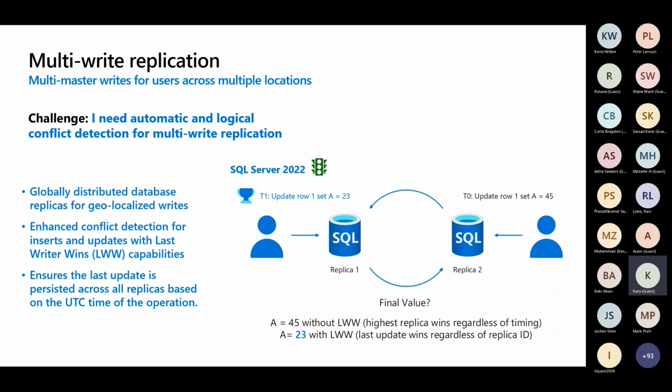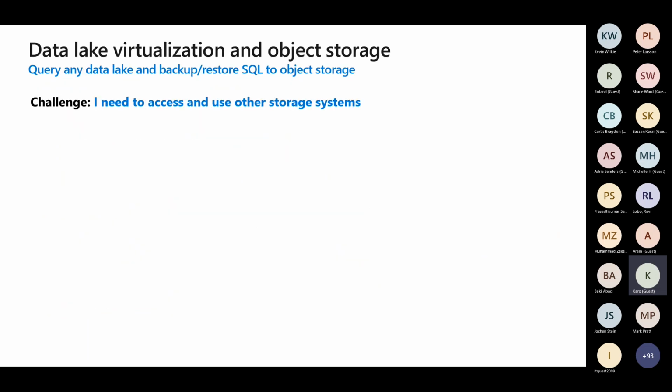This is more logical. The last person to make the change probably is the one that should win here, and I can see that I have a record that this conflict actually occurred, and it's all automatic. Turns out we released this functionality in SQL 19 in a recent cumulative update, so you even have it there, but we'll make this even better in SQL Server 2022. So this is a way for us to support multi-write replication scenarios.